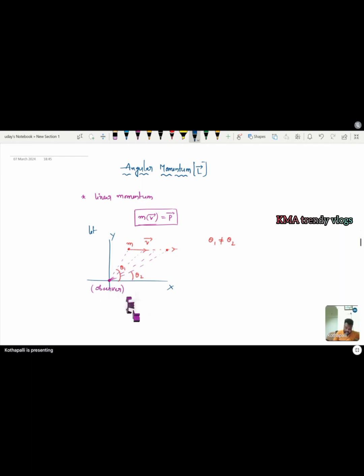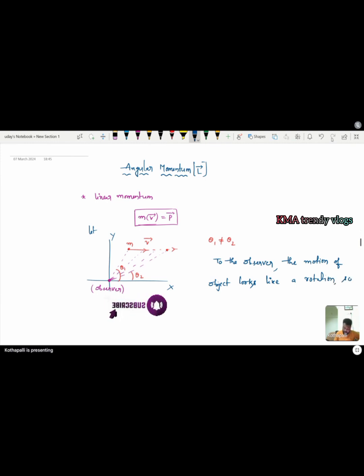Okay, so now I can say the statement: to the observer, the motion of the object looks like a rotation.